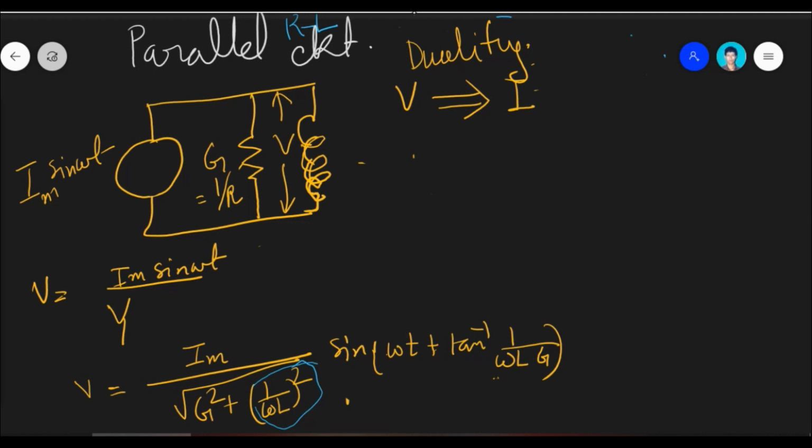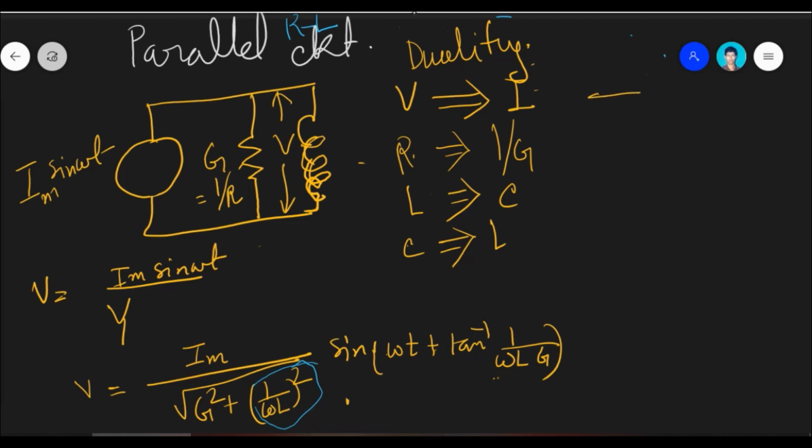Then the resistance is replaced by its corresponding 1 by G, and L is replaced by C and C is replaced by L. So if we make this change in a circuit, and after making all these changes, we observe that the circuit is exhibiting similar behavior, then we can say that this is a dual circuit.